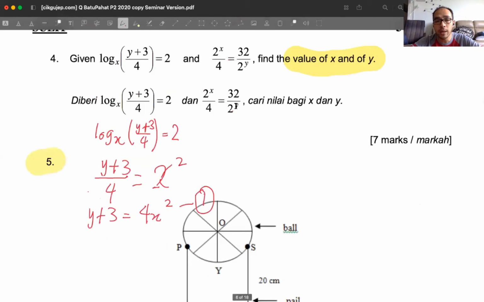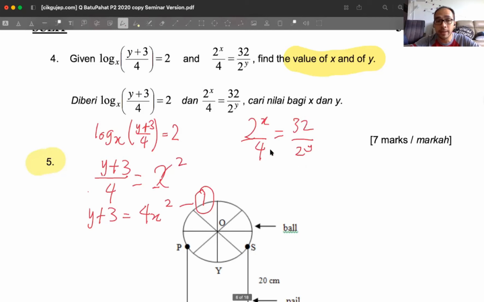Then we come to this second equation. 2x over 4 equals to 32 over 2 to the power of y. Logically, the only thing that we can do actually is to cross multiply lah.